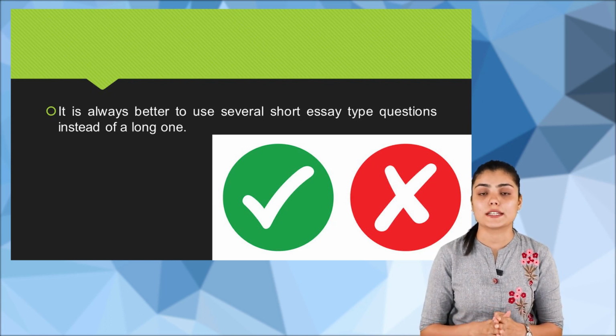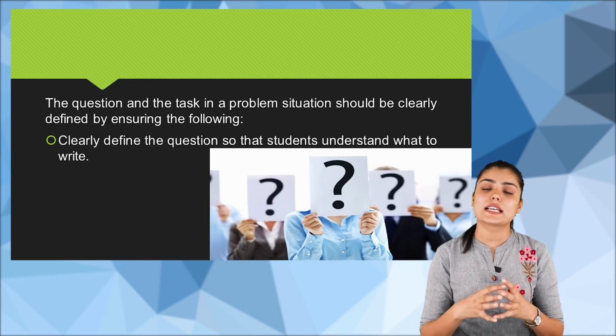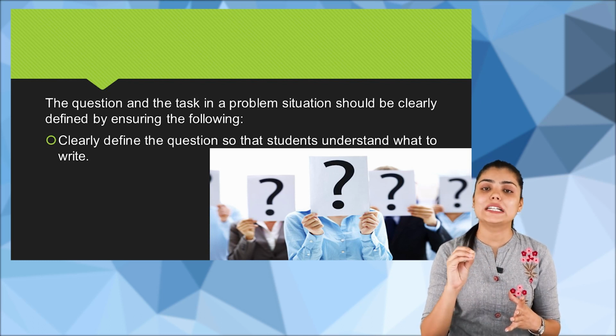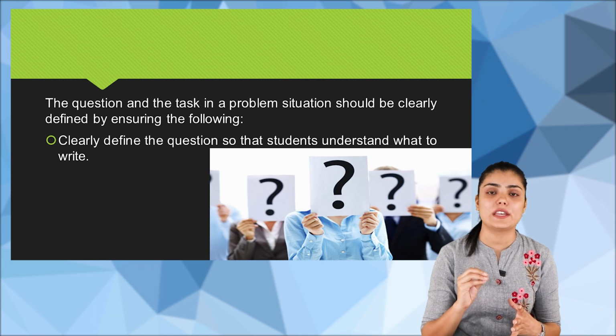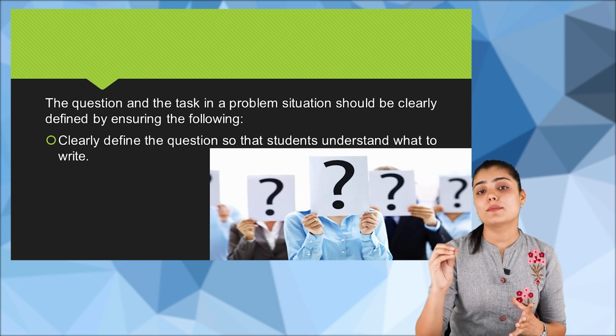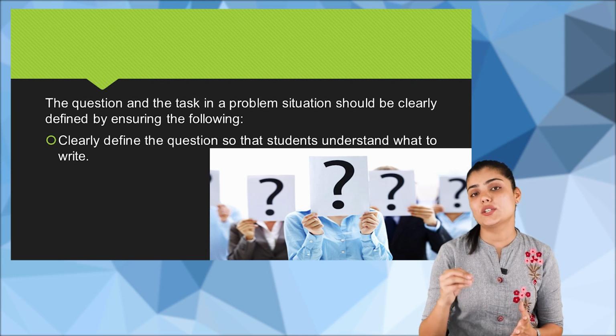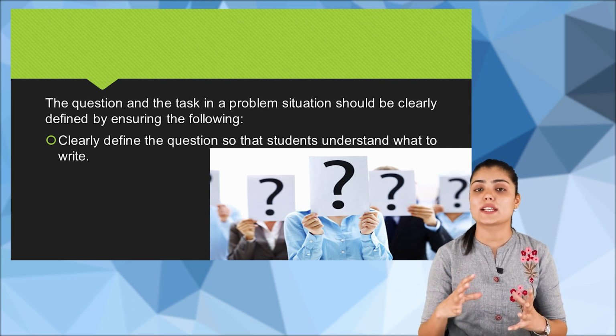So the question or the task that the respondent has to perform has to be clearly defined, as I said in the very first principle. So how can a person who's constructing the essay type question clearly define the task that the respondent has to do?